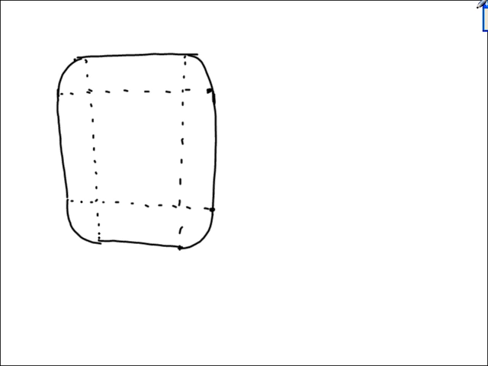Okay, so curved part, curved, curved, curved. Straight, straight, straight, and straight. And the question is, say, what's the perimeter?